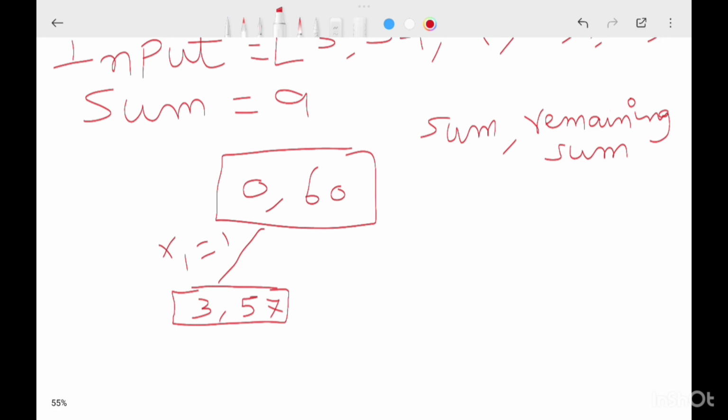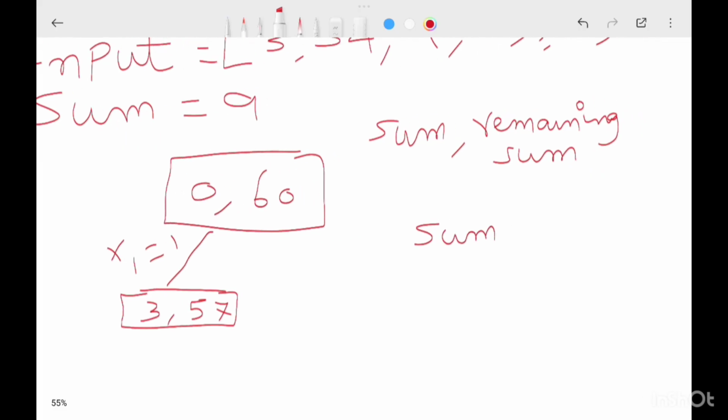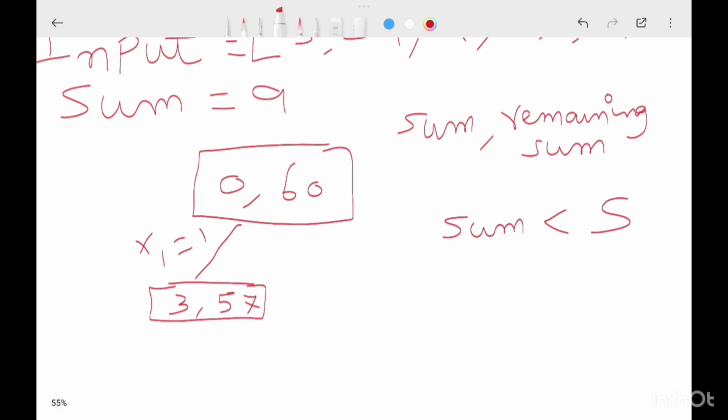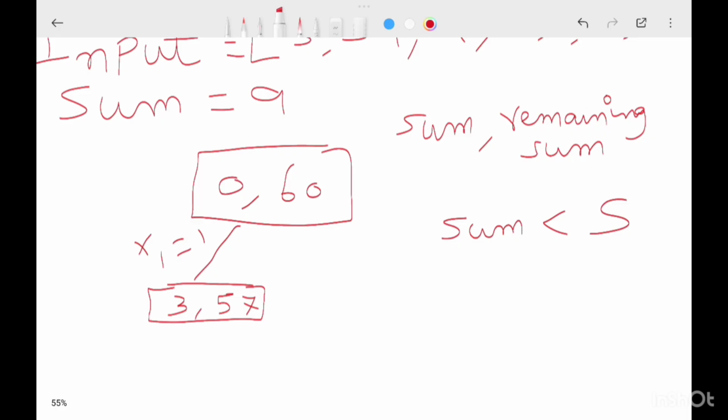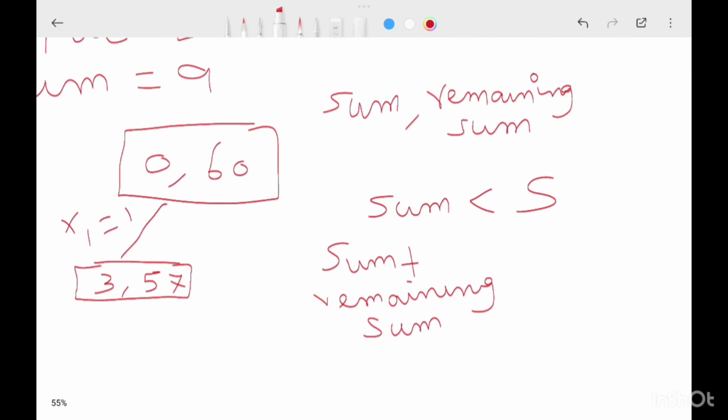In each state the constraint we need to check is that the sum at this state should be less than the required sum, and the sum plus remaining sum should be greater than the required sum.